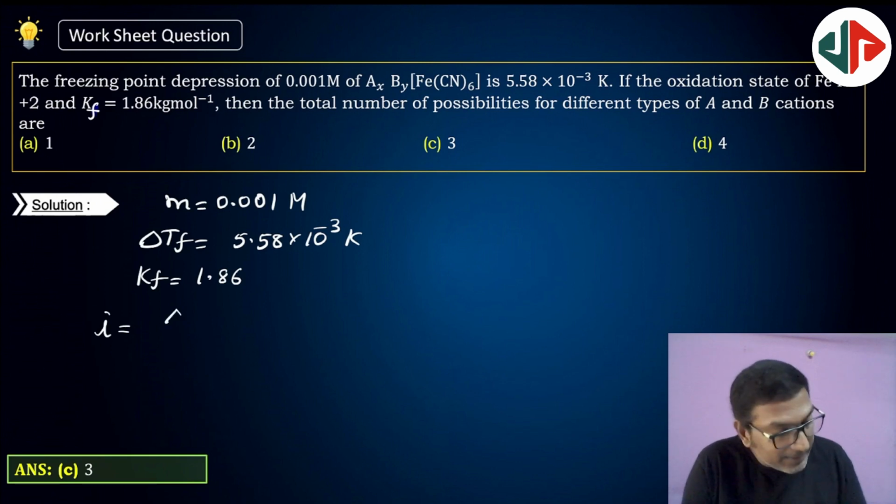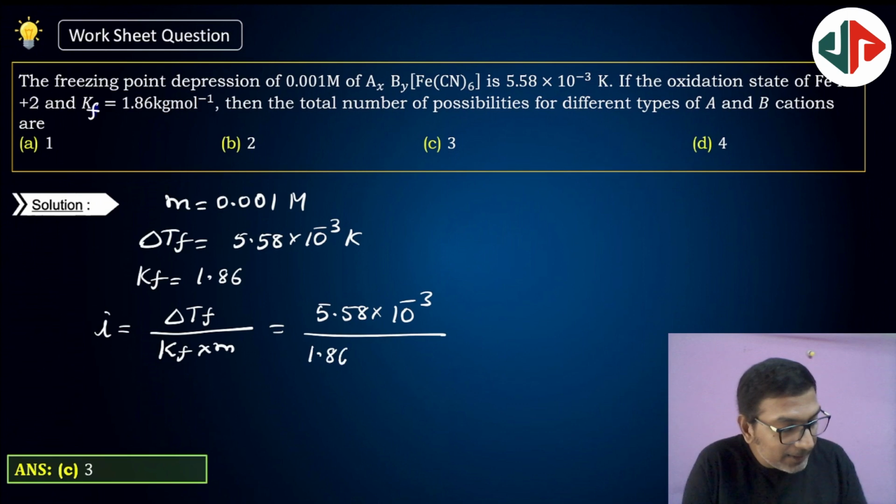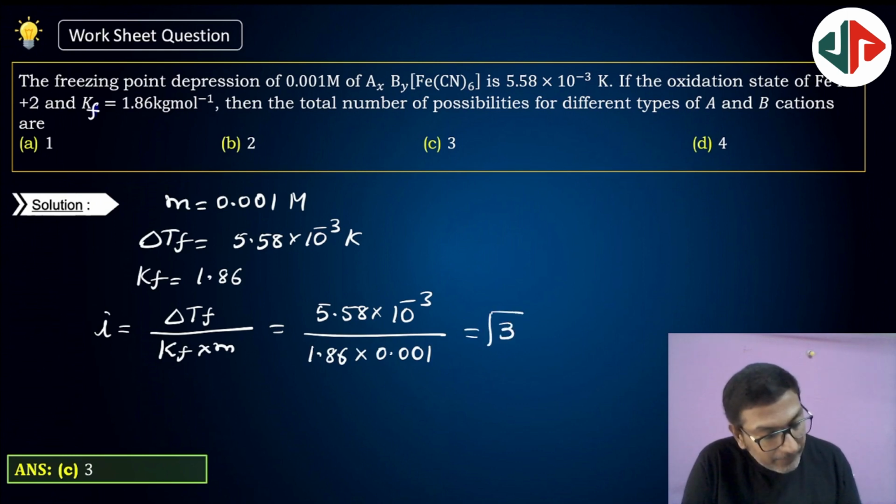i value is delta Tf by Kf into m. So delta Tf 5.58 into 10 power minus 3 by Kf value 1.86 into molality 0.001. So we'll get this value as 3. Very important.